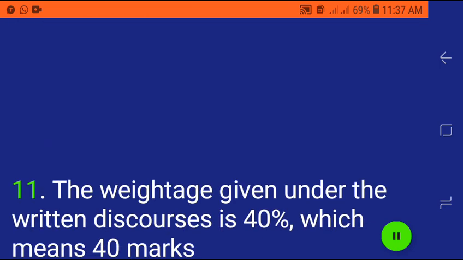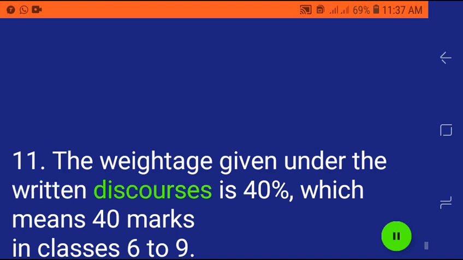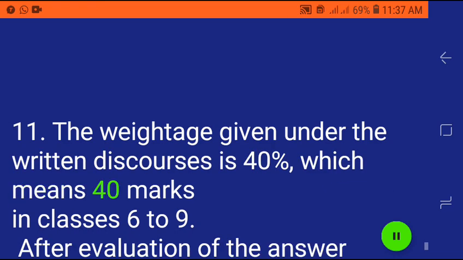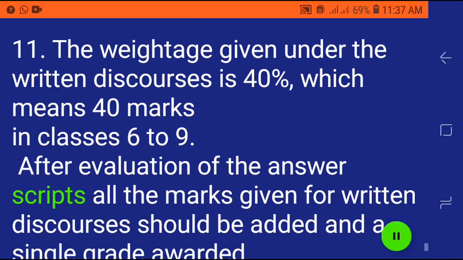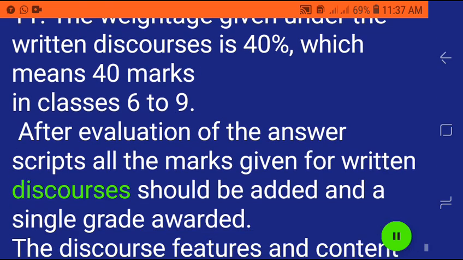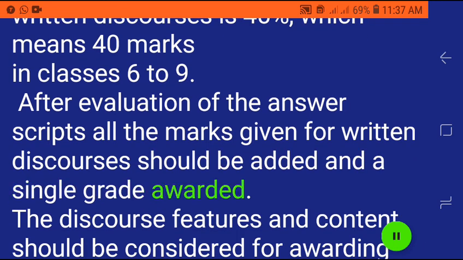11. The weightage given under the written discourses is 40%, which means 40 marks in classes 6 to 9. After evaluation of the answer scripts, all the marks given for written discourses should be added and a single grade awarded.